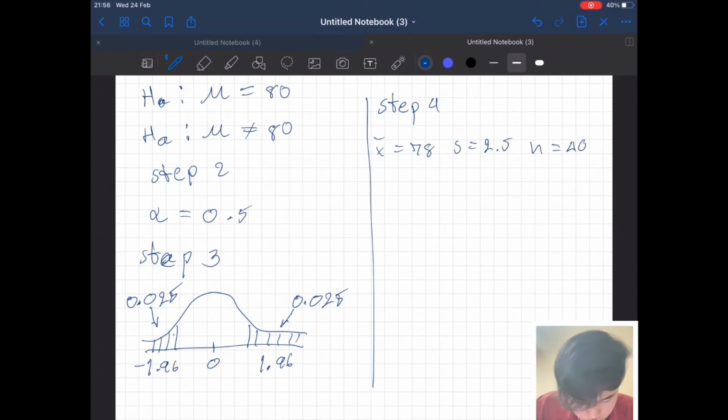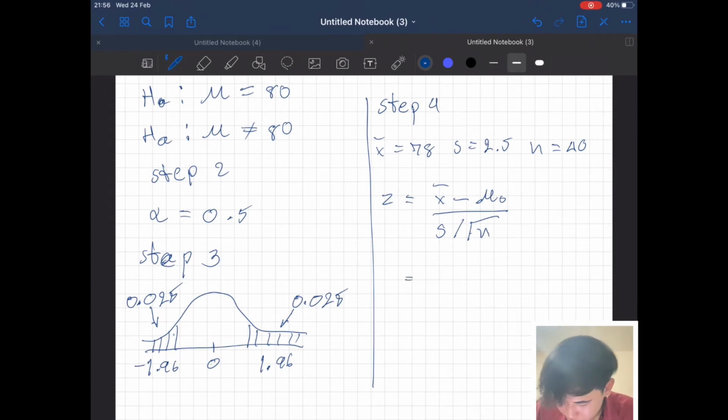C equal x bar minus mu 0 over s over square root n.